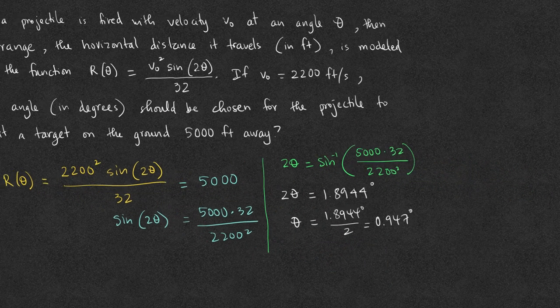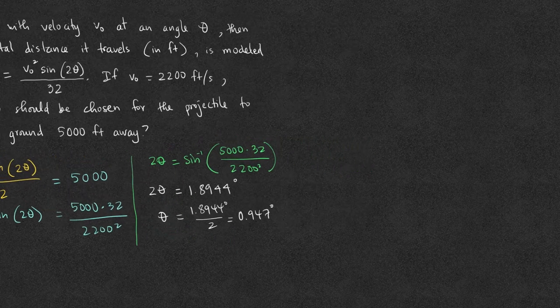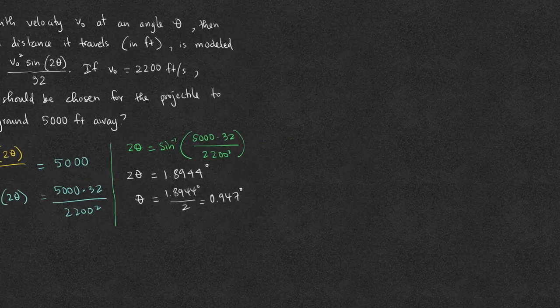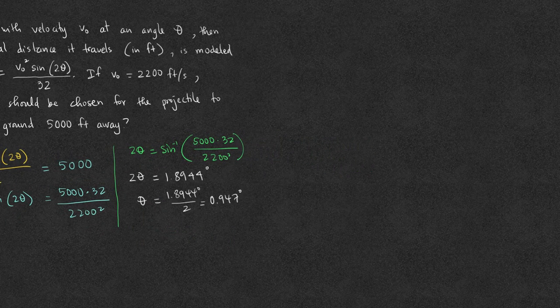However, there is another angle that satisfies this condition as well. We only obtained 1.8944 as the result of sine inverse because every time we use the inverse function, we are only guaranteed to obtain one answer, because inverse functions are one-to-one.